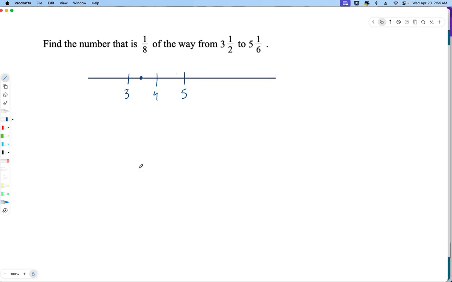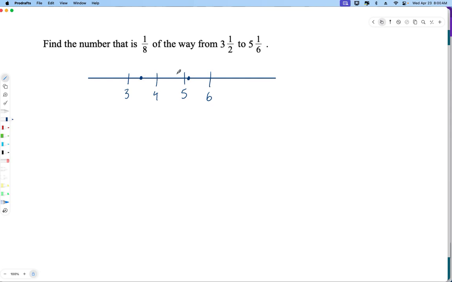This is your starting point, right? And then you've got, let's do 6 here. So this would be half. So a third of that would be right about there. That'd be 5 1/6. So we are looking just at this distance between these 2 points right here. And we want to find the number that is 1/8 of the way from here to here.